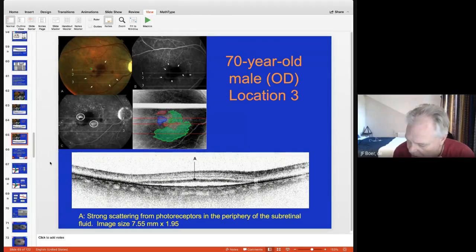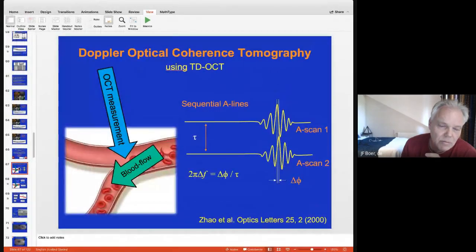In the technology group, I will show you more examples of what OCT can do in the different diseases. And for the physics group, I will go into detail on advanced OCT technologies like Doppler imaging and polarization imaging.